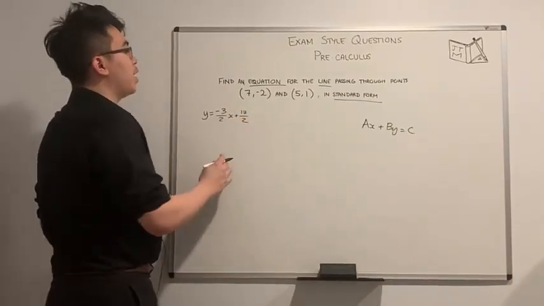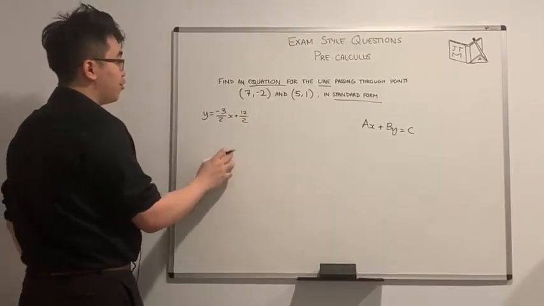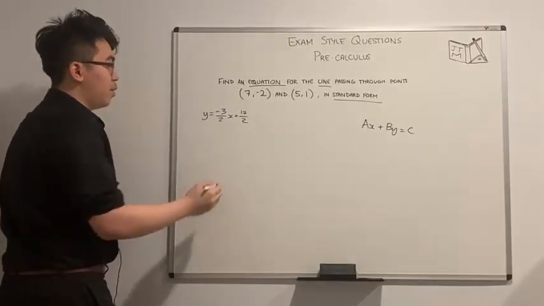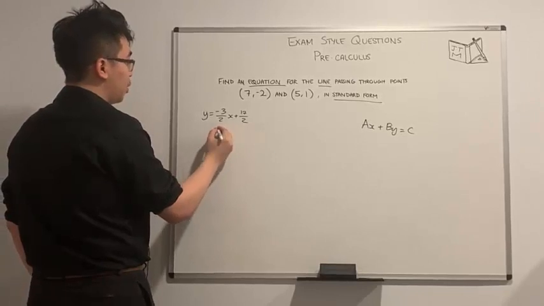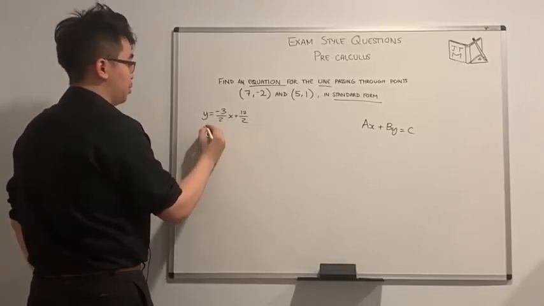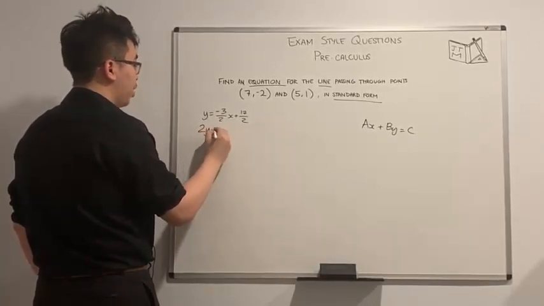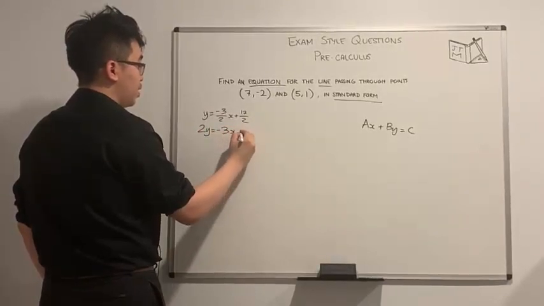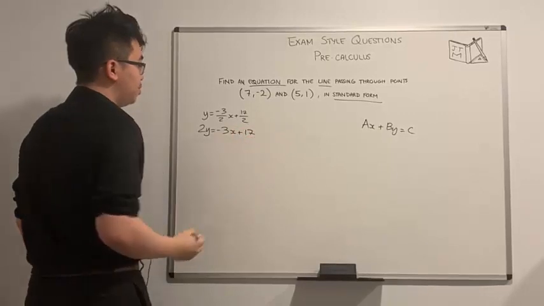At the moment, the gradient and the intercept are in fractions with denominators of 2, and that's not what we want. So I'm going to multiply the entire equation by 2 to get rid of those denominators. So we're going to have 2y equals minus 3x plus 17.